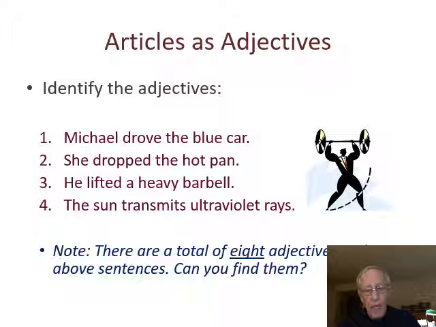And number 4, the sun transmits ultraviolet rays. Ultraviolet is an adjective, describes the rays, but look at over here. Sun is also a noun, and it's preceded by the word the. In my opinion, the, in this case, is also an adjective because it points to the sun.